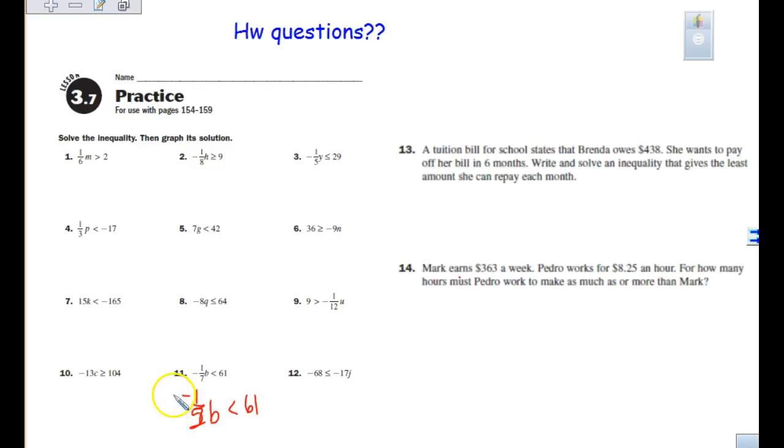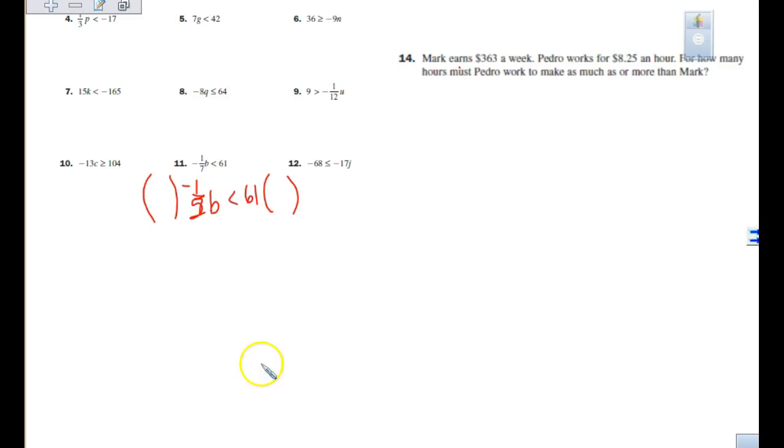So in this problem, if we are solving, we want to get rid of the negative 1/5, which means we need to divide, but easier than dividing is to multiply by the same thing on both sides of the equal sign, because dividing by a fraction gets ugly. So we can simply multiply on both sides by -5/1, and on this side just by -5.